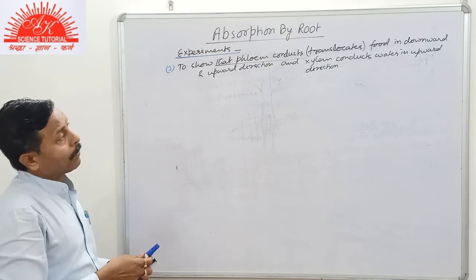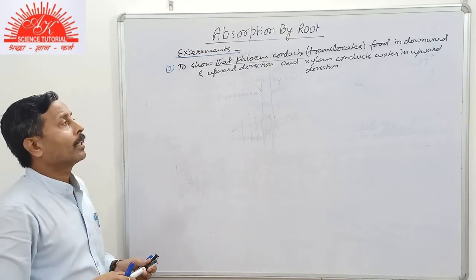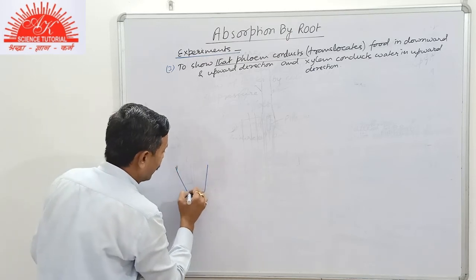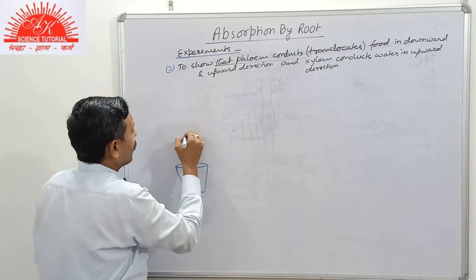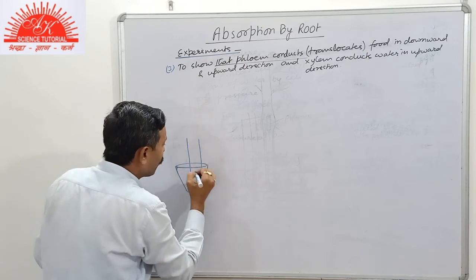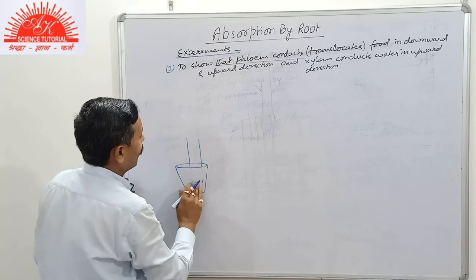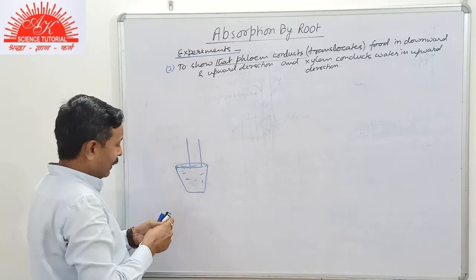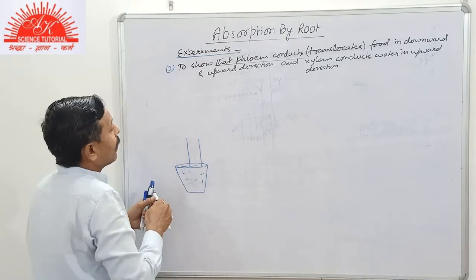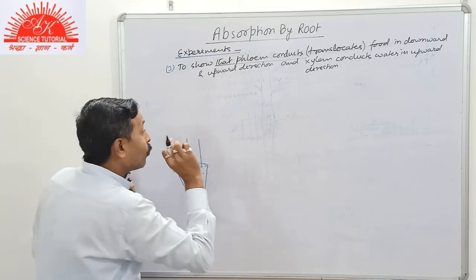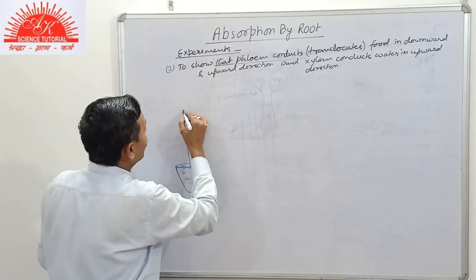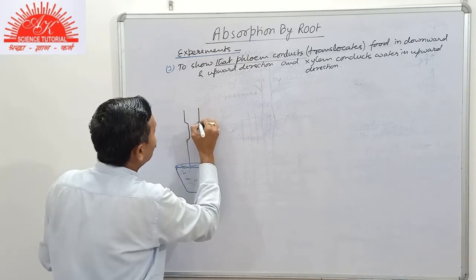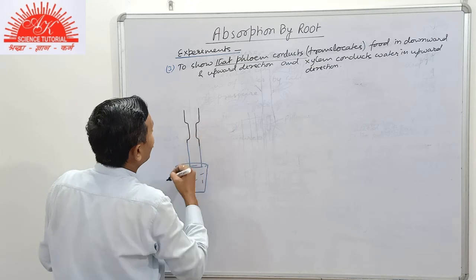Now, again, in this part we take a well-watered garden plant like balsam, a well-watered potted plant. First of all, with the help of a sharp knife, for about 3 to 4 centimeter length, we remove its outer portion, that is the phloem part.